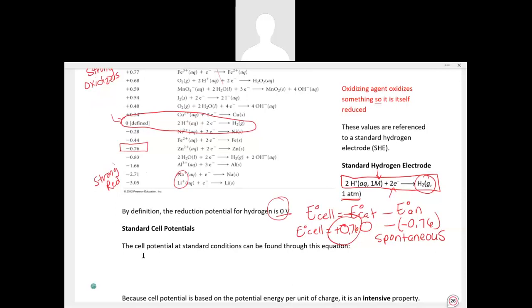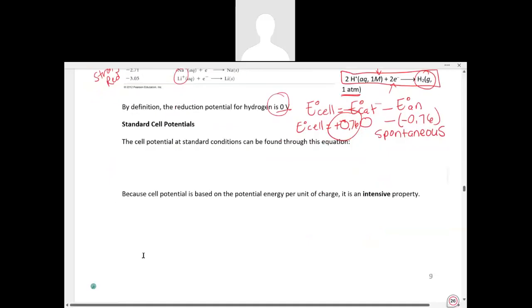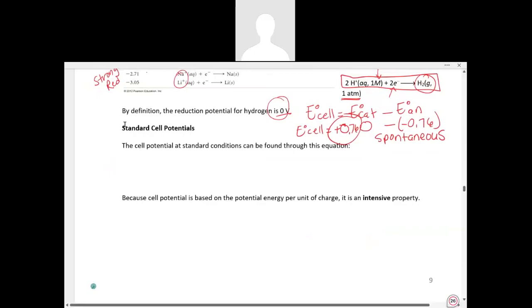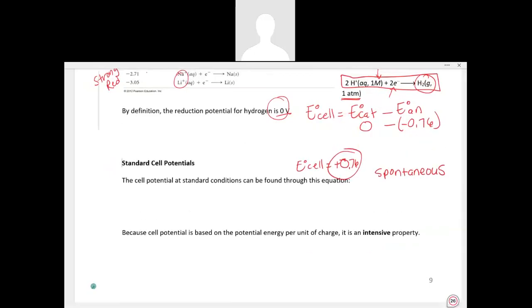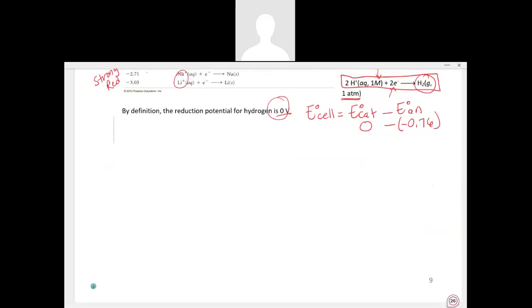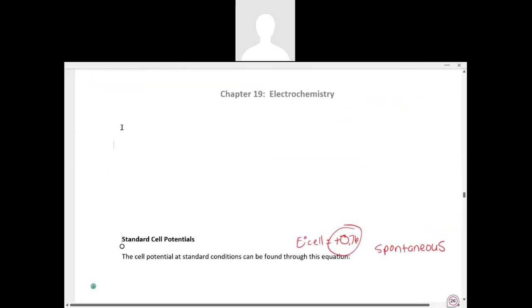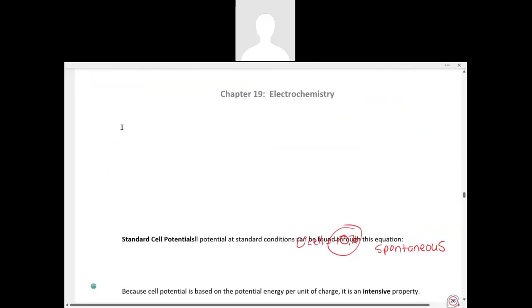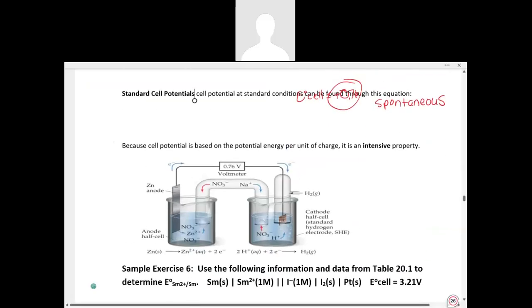So let's take a look at another example here. So say we have down below here, we'll see our voltaic cell. And notice that we've seen this in the past. We see our zinc anode, right?